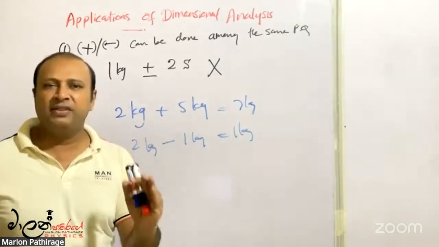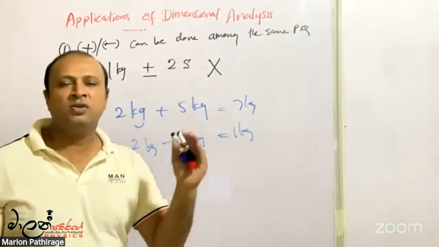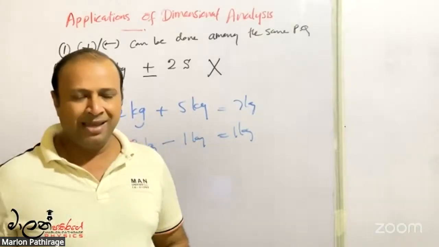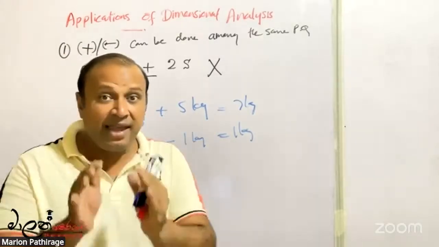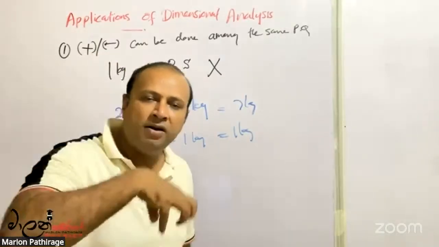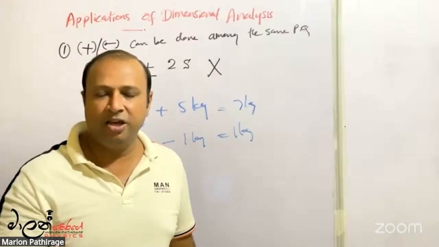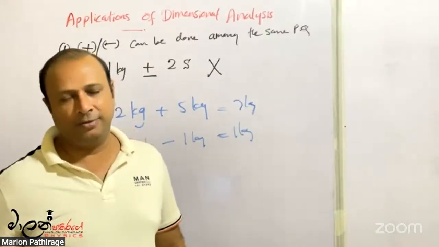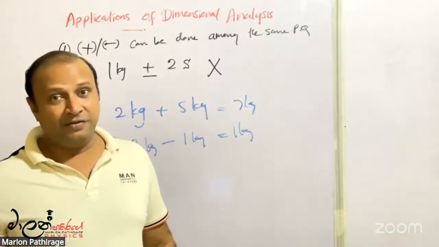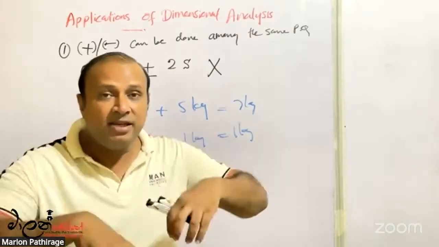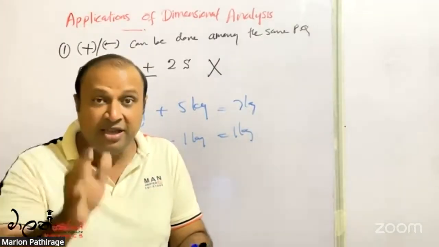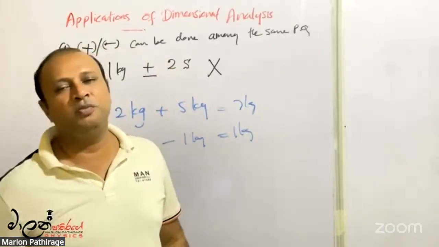Therefore, if there's an addition or subtraction, this is the most important thing: these two physical quantities should be equal. In other words, their dimension should be equal.